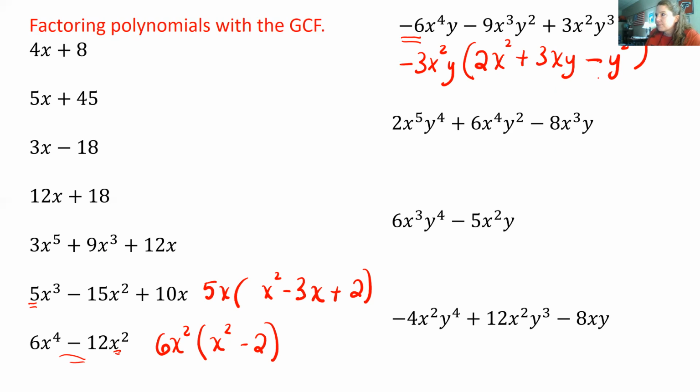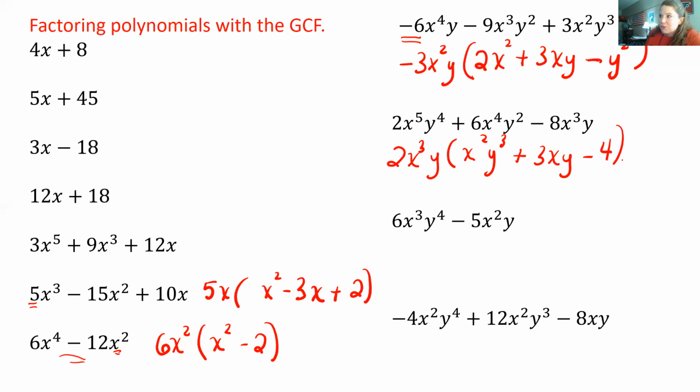Okay, guys? Now this one, we can divide everything by 2. We can divide everything by x to the third, and we can divide everything by y. So the first one, we would have x squared left and y to the third. The second one, we'd have 3xy, and then we'd have minus 4.